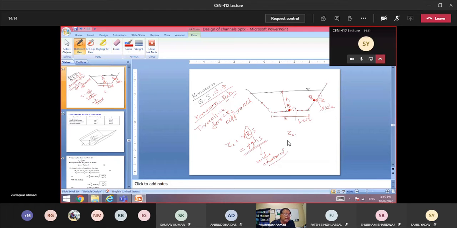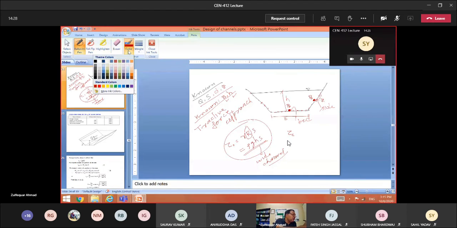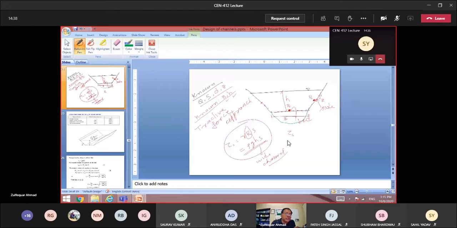Second thing that I had shared with you: we are taking this average value, but this is not the shear stress which is actually acting on the bed and the side. If you see the distribution, it is like this. On the bed you have the shear stress distribution like this, and I think we had discussed that last time. And this is the shear stress distribution on the side. Here you have zero shear stress, right?